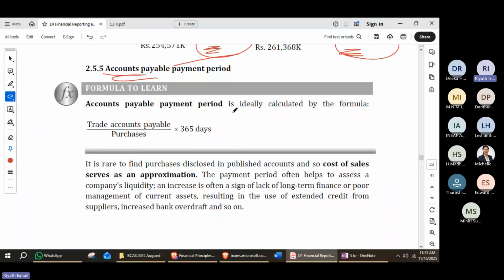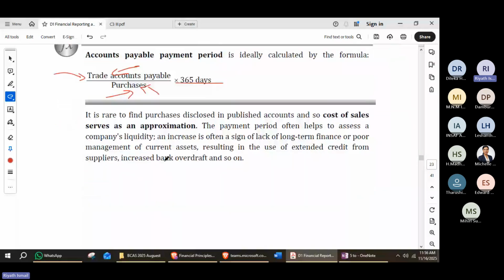The account payable period is ideally calculated by the formula: trade account payable, how much we are payable, and credit purchase into 365 days. It's rare to find purchases disclosed in published accounts, right? You can't find this. So cost of sales serves as an approximation. You can take cost of sales.